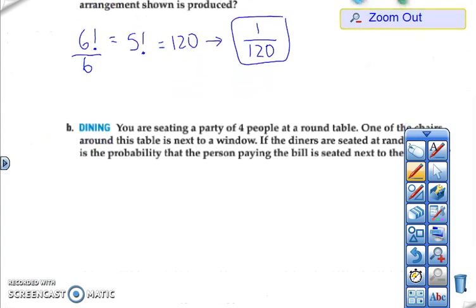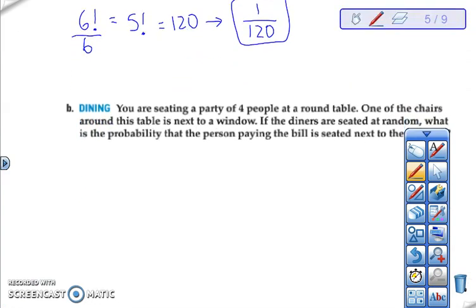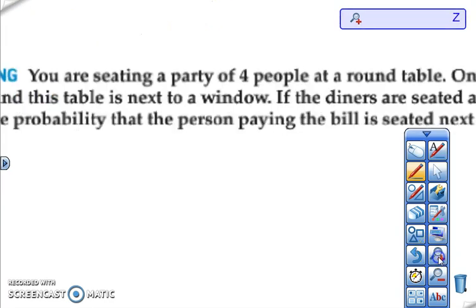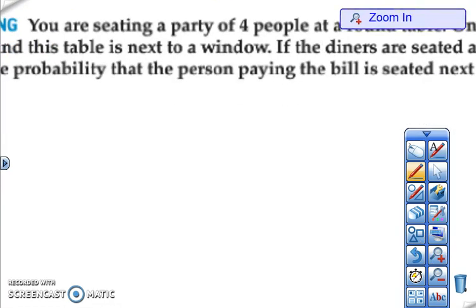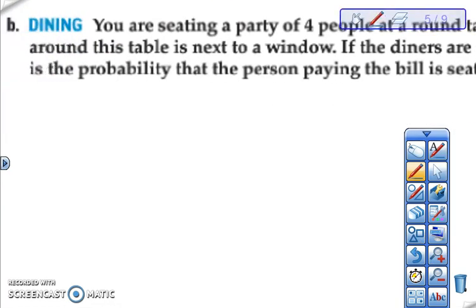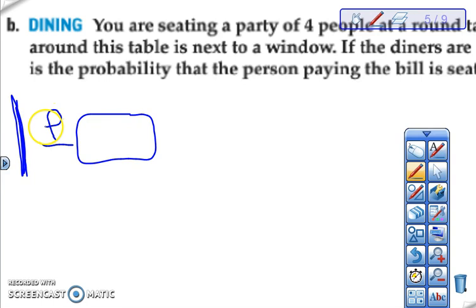For part B, they did give you a reference point, right? So you've got a table with 4 people, and you want to know the probability that the person who paid for dinner is next to the window. So if I have my table, and let's assume I have the window here, the person who paid is sitting here. I know that that's where I'm sort of rearranging everything from.